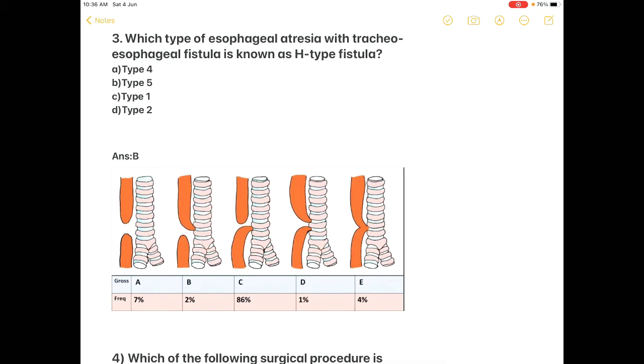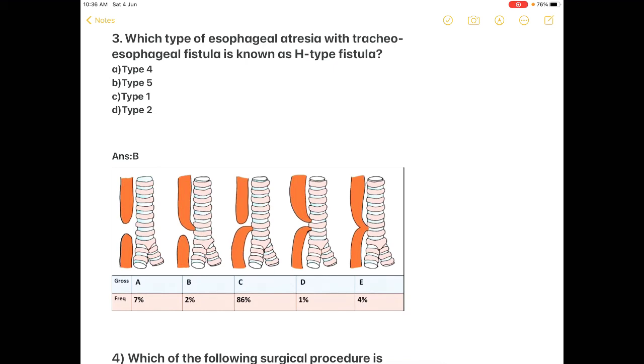Whereas type D is also known as type 4. Type A or type 1, B or type 2, C type 3, D or type 4, E is type 5. In type D, you can see both the distal and proximal parts of the esophagus are connected to the trachea.